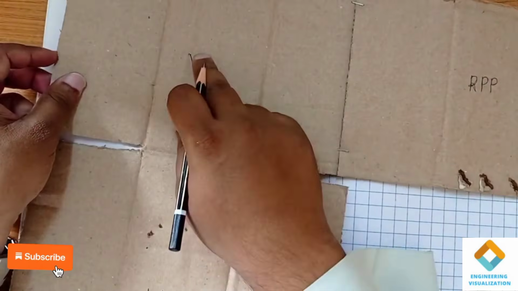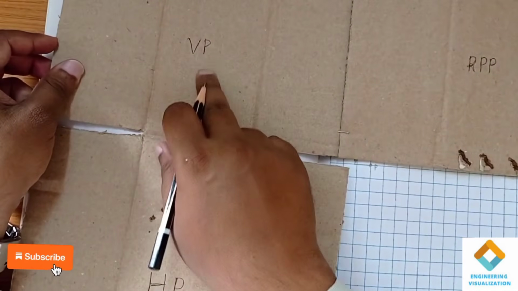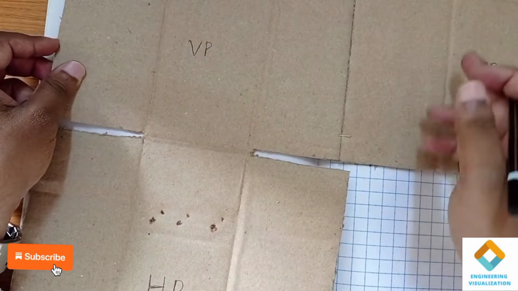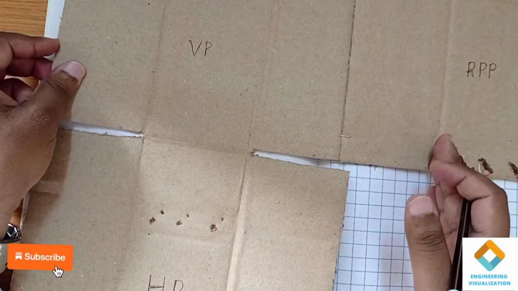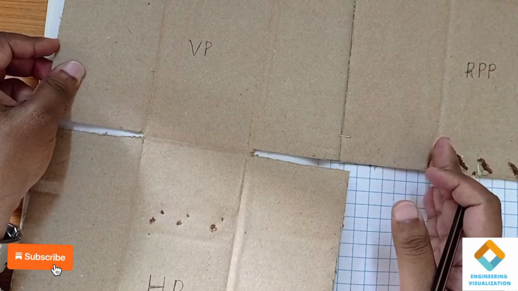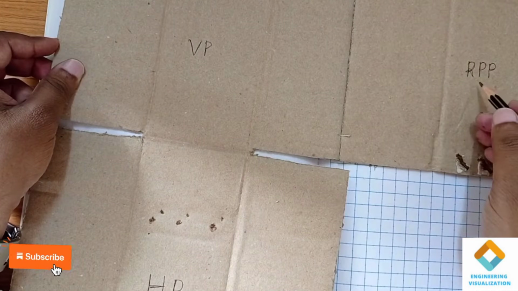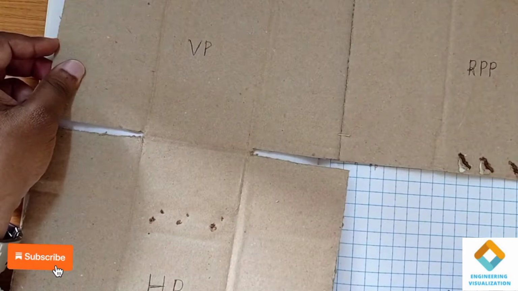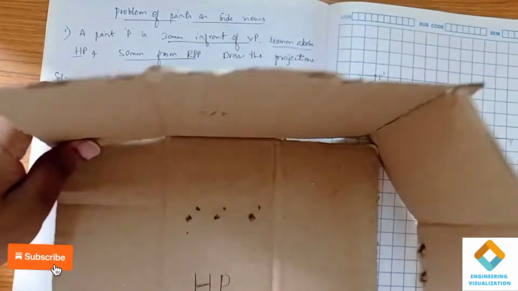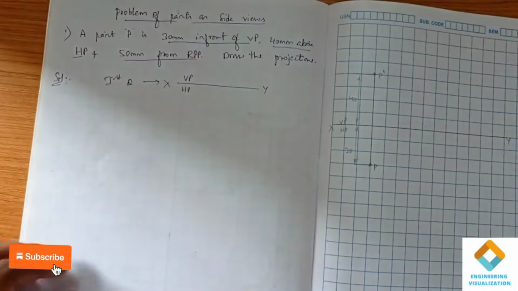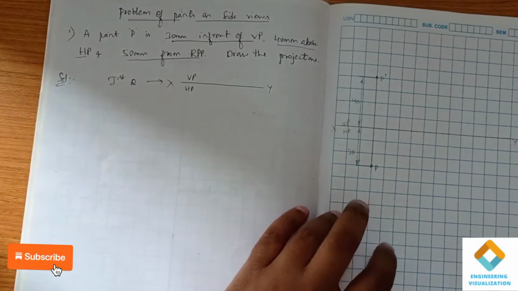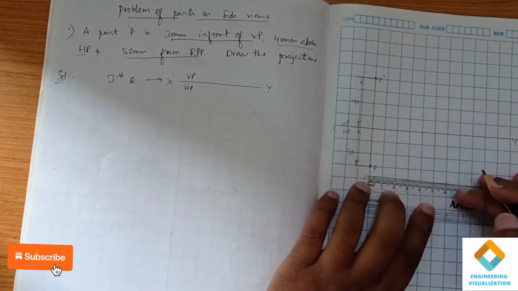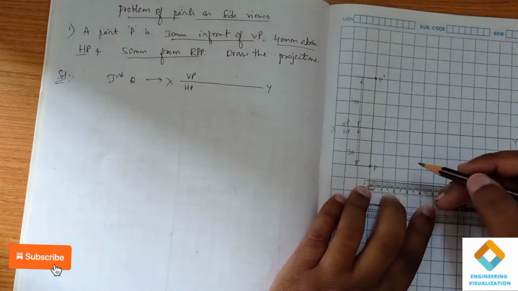So front view, top view, this front view is connected with the side view. So for this RPP we will be drawing another x1 y1 line at a distance of 50 mm. Now to draw this side view with the top view, we will be using a 45-degree angle line. So you just follow the procedure. Now from this projection point we have to consider a distance of 50, that is 5 boxes.